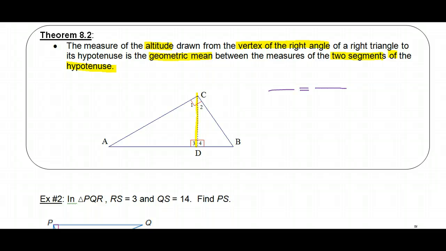As soon as you see something listed as the geometric mean, this is the altitude, right? So that altitude, we write twice. Whatever is the geometric mean, that's where we put them in these two spots. Of what? Of the two segments that make up the hypotenuse. What are the two segments? One of them is AD, and the other one is DB.